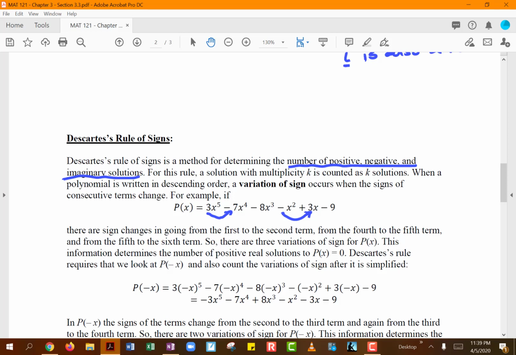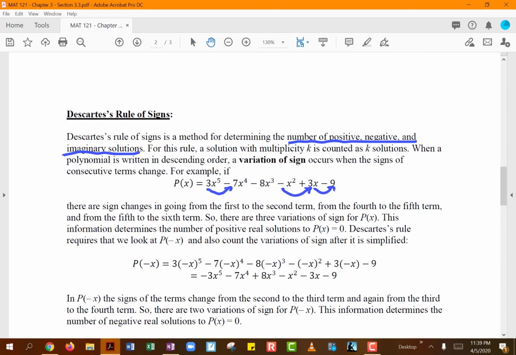And then for the last one here, I'm going from a positive 3x to a negative 9, right? So again, you're going from a positive to a negative. So that's the third time that in this polynomial your sign has changed. So that's what they mean when they say a variation of sign. And you can read that here.